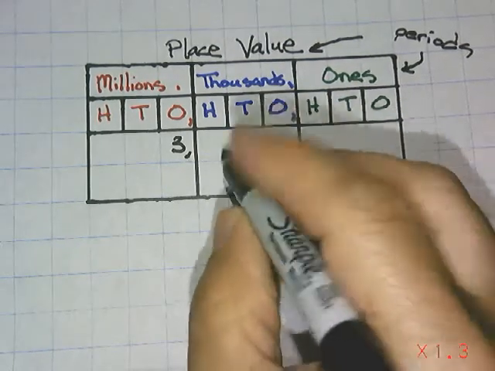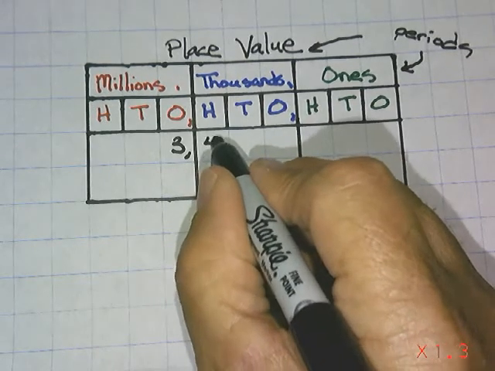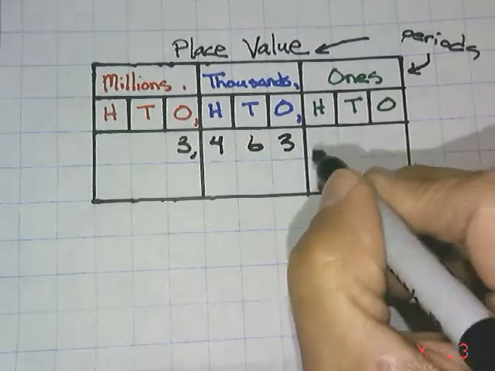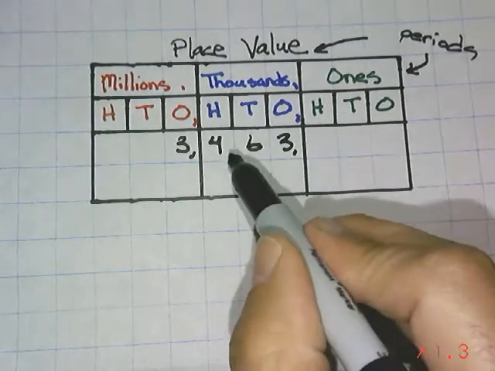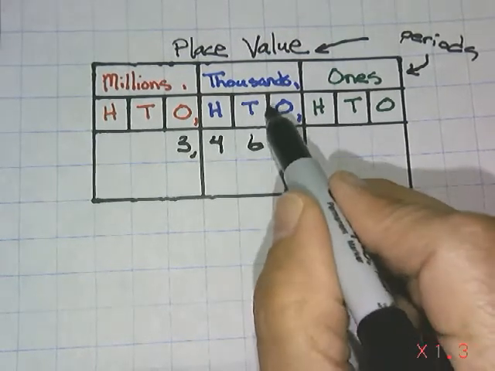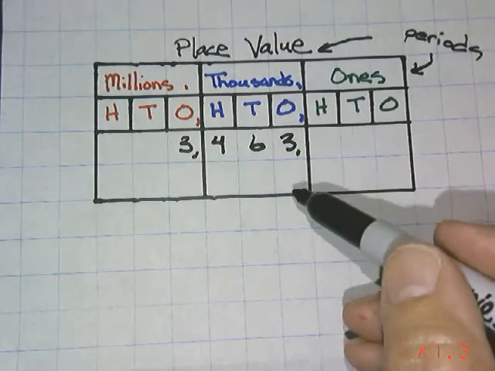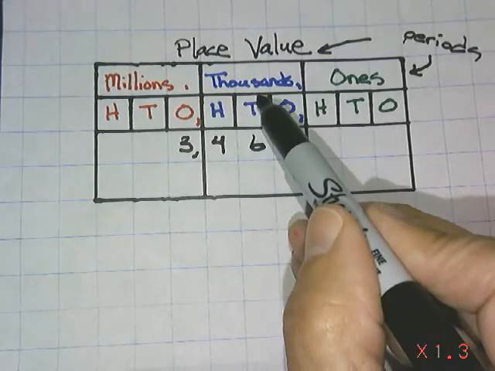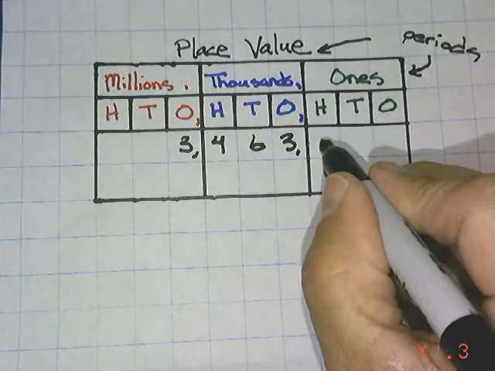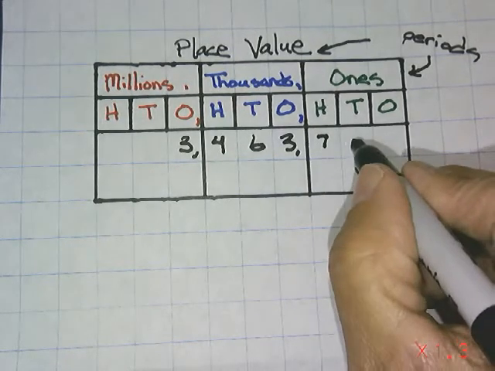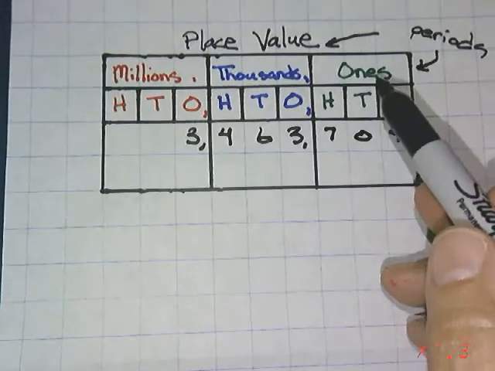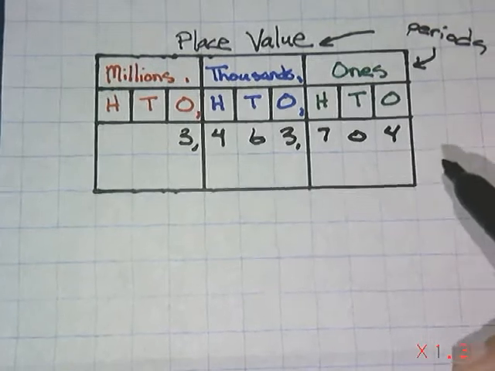A number in the thousands period, let's just say 463, would be read as 463,000. So whatever number is within that period, in math, when you're saying or writing the number, you have to say the name of the period. And then in the ones, let's just go with something simple, 704. Now, in this case, you don't have to say the word ones. It's usually just 704.